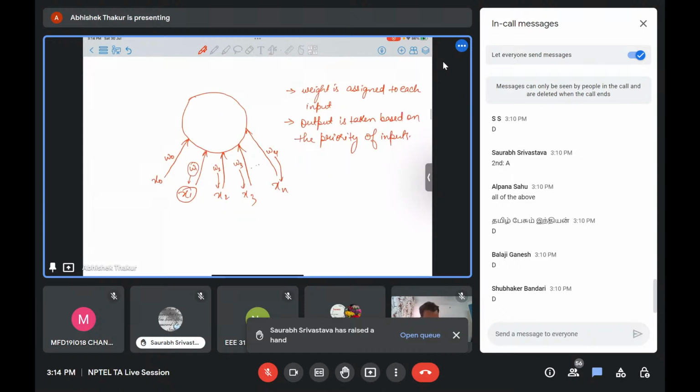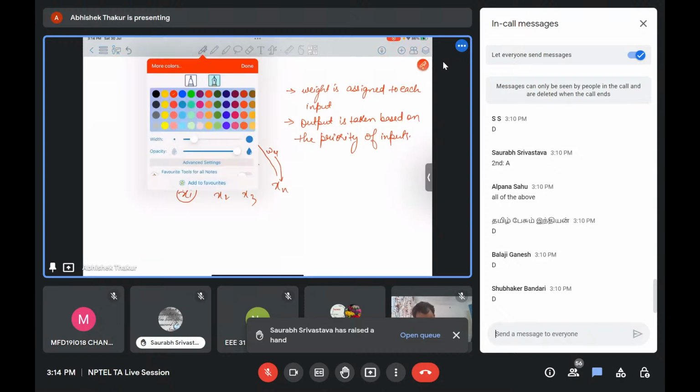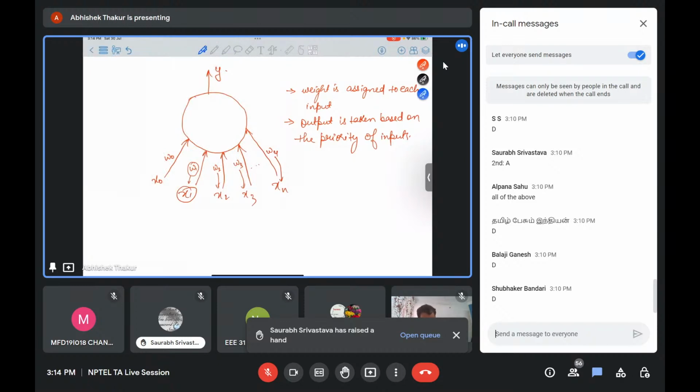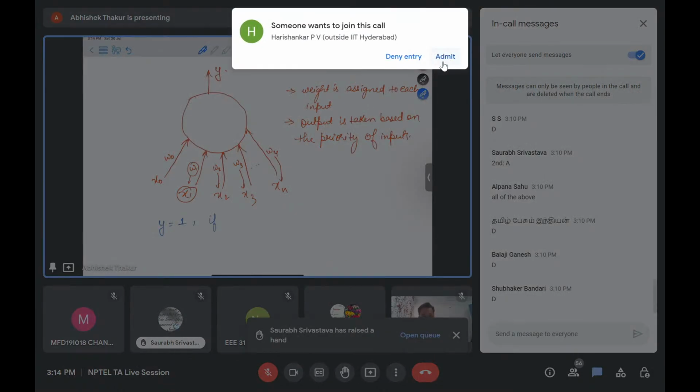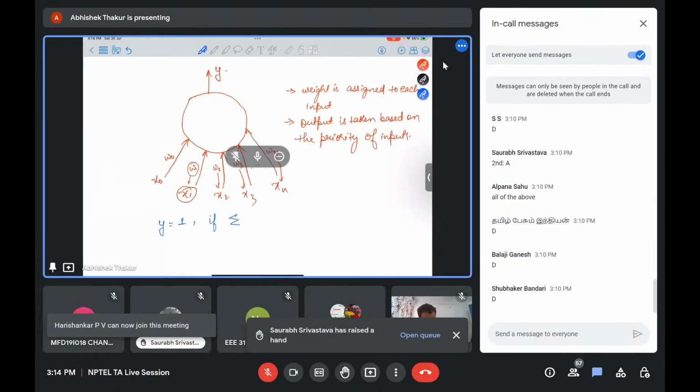So I will just write this, this is Y. What happens? Y is equal to 1, meaning the output is 1, if the summation of Wi Xi, with i from 1 to n, is greater than or equal to theta. Theta is our threshold value which determines our output.